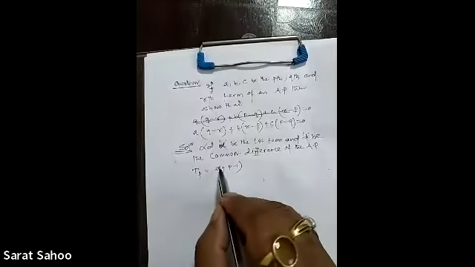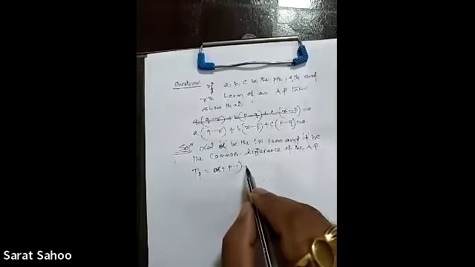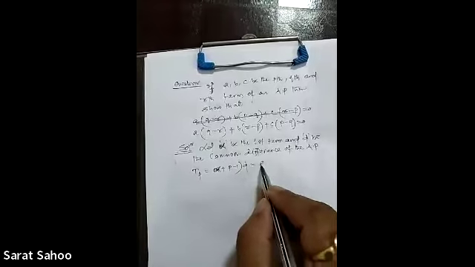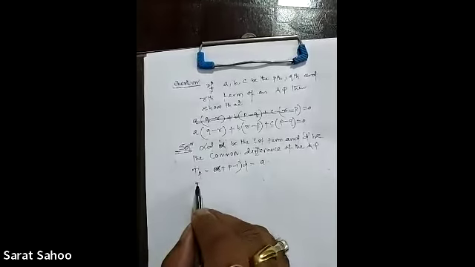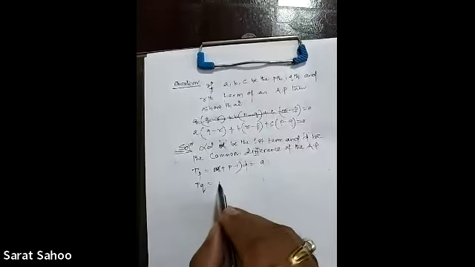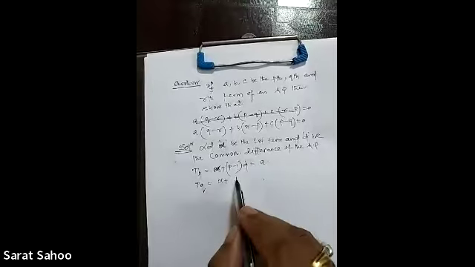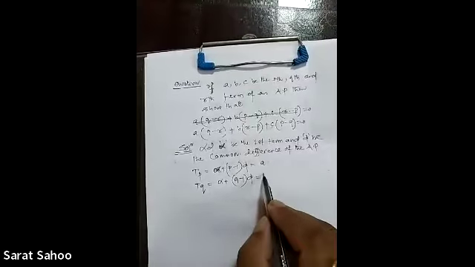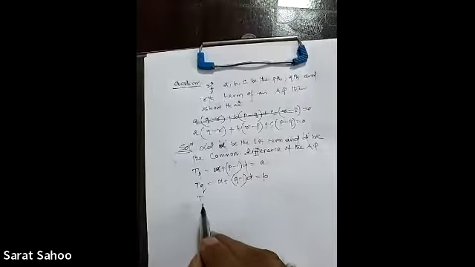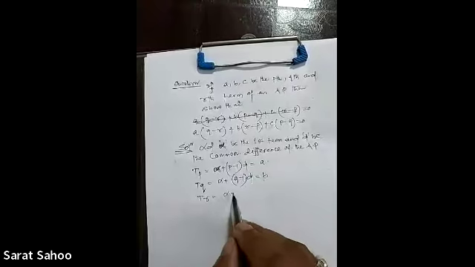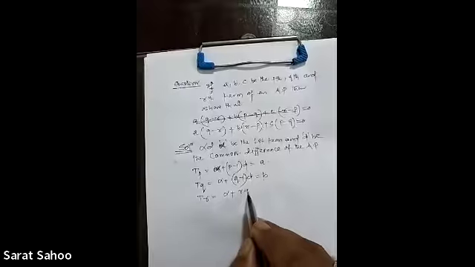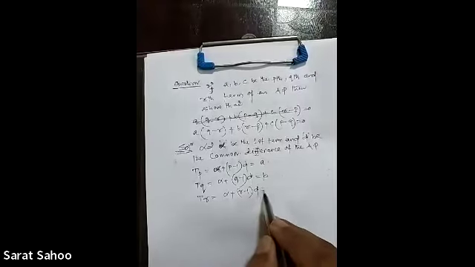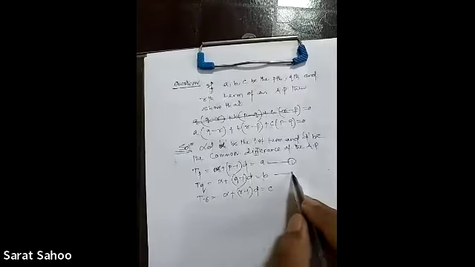So Tp is equal to alpha plus p minus 1 into D, which is equal to a, and Tq is equal to alpha plus q minus 1 into D, which is equal to b, and Tr, the rth term, is equal to alpha plus r minus 1 into D, which is equal to c. Let it be equation 1, this is equation 2, this is equation 3.